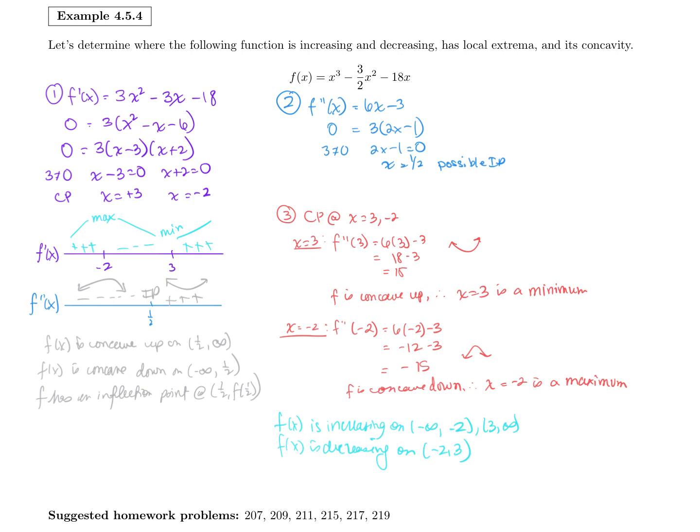And we already said x equals 3 is a minimum, x equals negative 2 is a maximum. And I think that was everything that we were asked, because there's our increasing and decreasing.